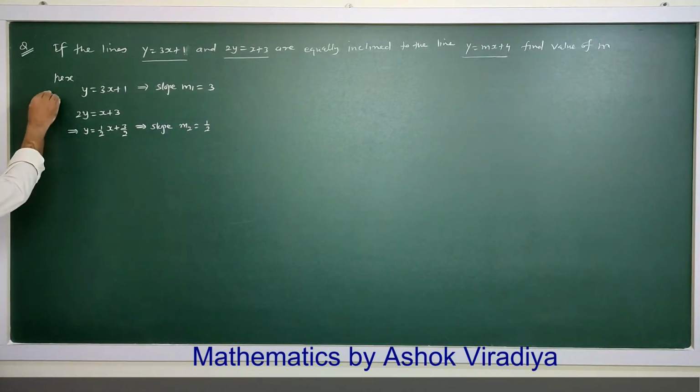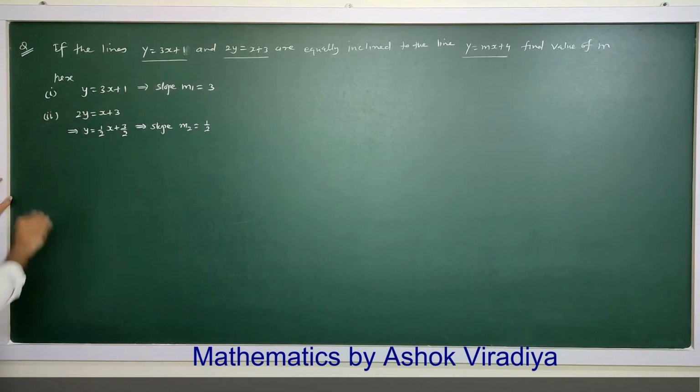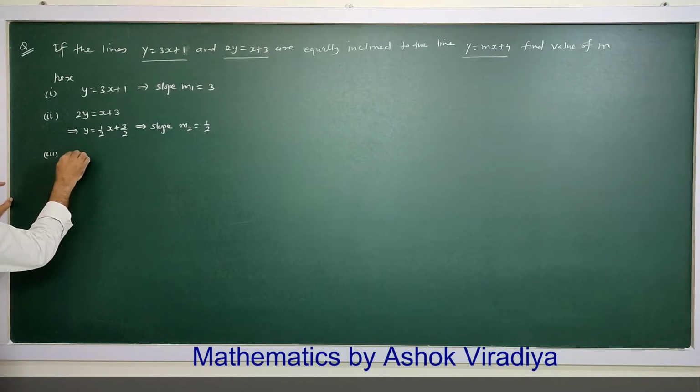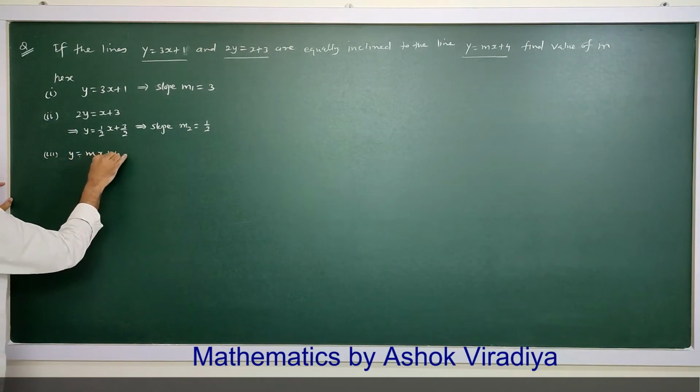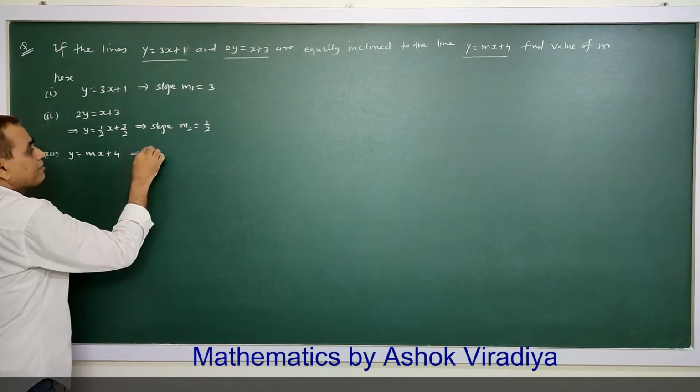This is line 1 and this is line 2. The third line is y = mx + 4, and its slope is m.